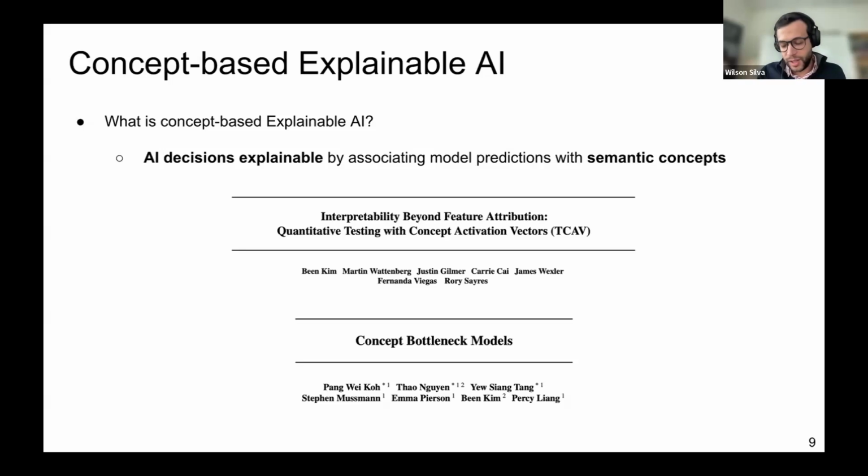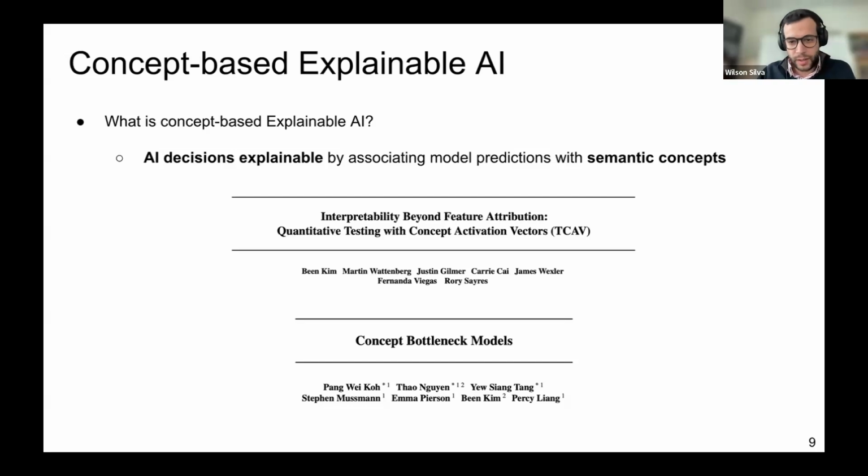And because of that, there is a completely different type of explanation that is called concept-based explainable AI. And here what we do is we try to explain the AI decisions, not by having visual explanations, but by associating the model predictions with semantic concepts. In the case of healthcare, it would be clinical concepts.